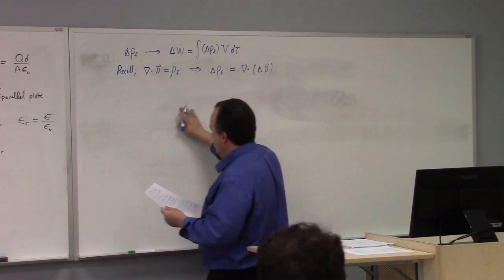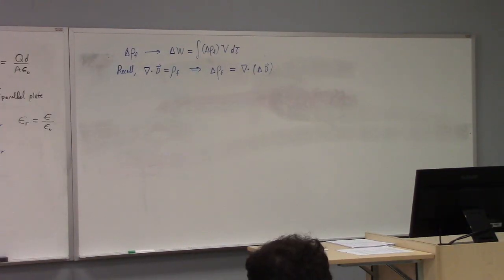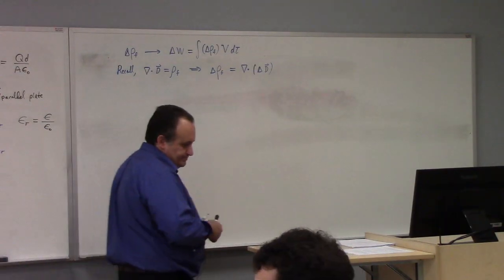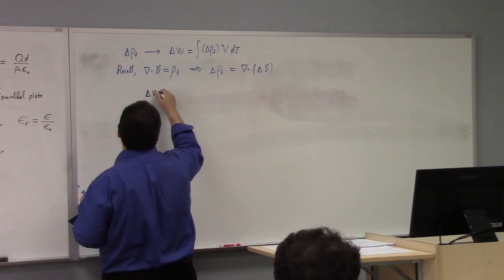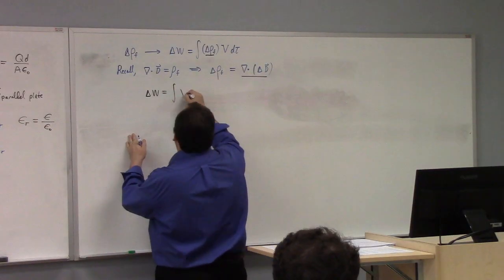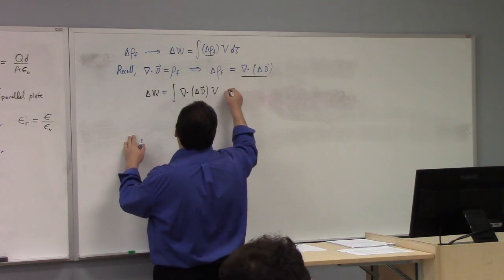Since that's true, we can look at the little bit of work needed to increase the free charge density by this little bit in light of that relation. So let's put it in here. We have the change in W, the integral of, we're going to replace this guy with that guy, the divergence of the change in the displacement times V d tau.